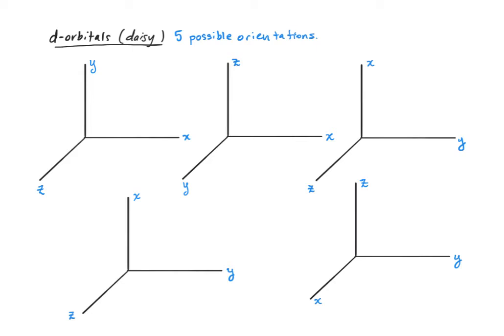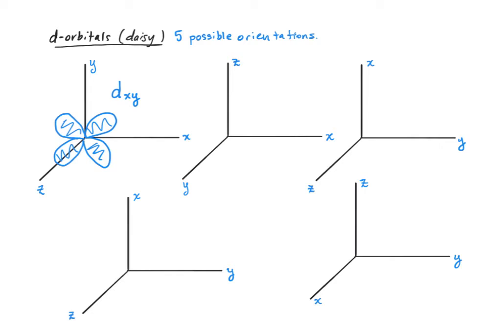The first d orbital possibility lies in a plane between the x and the y axes. It has 4 lobes to it, and it looks like this. For short, we call this the dxy orbital to specify that it sits between the x and y axes.